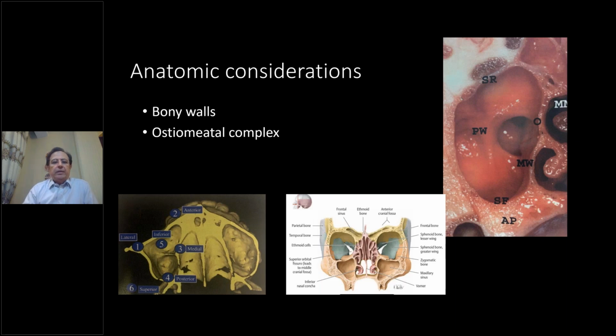It has 6 walls that you can see in the different sections here. In the coronal section you see the posterior wall, the superior wall, the inferior wall above the teeth, and the lateral wall. In the transverse section we can also see the lateral wall.